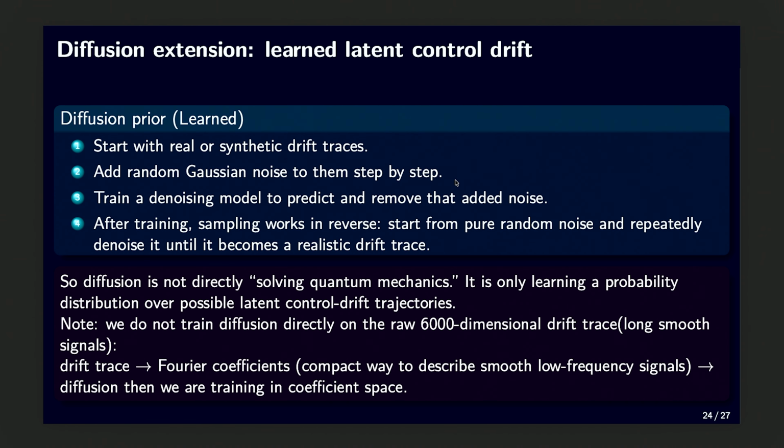We train in the coefficient space, and after the training, I sample in the reverse way. I start with pure random noise. Again, if you were in the tutorial, you remember you were working with a really random picture and removing all of the noise.